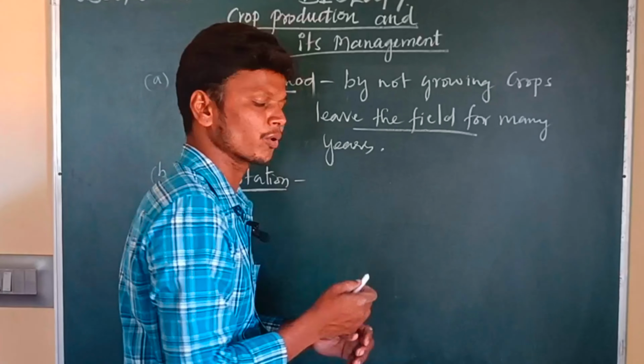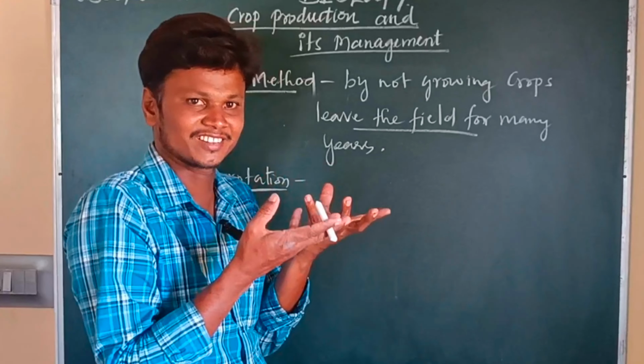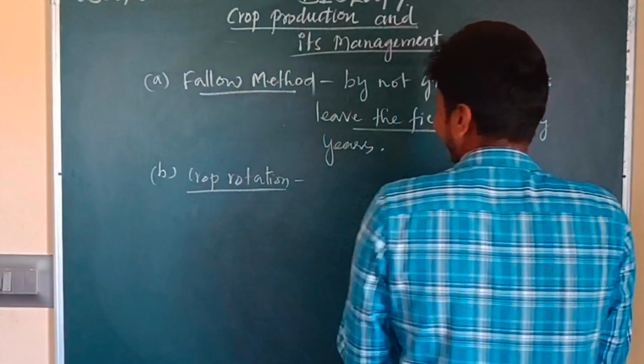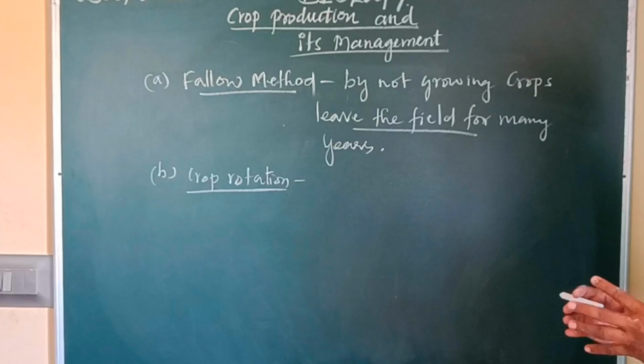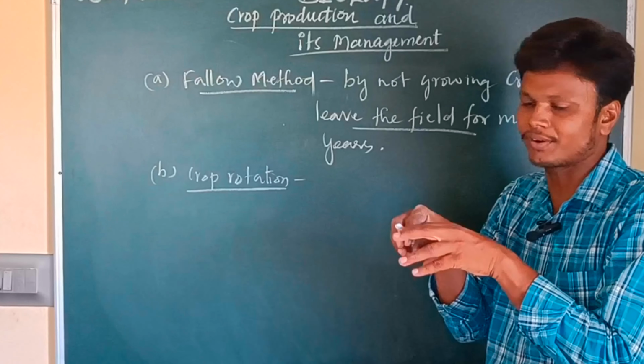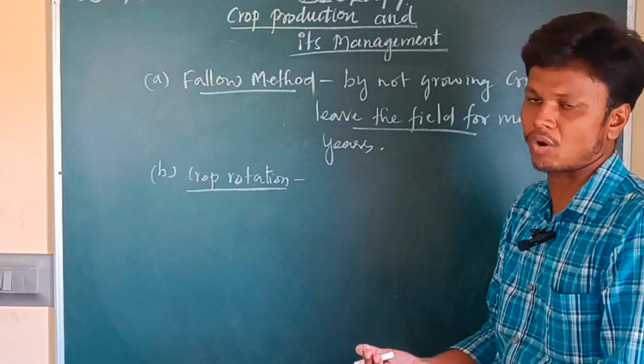So what do you mean by crop rotation, children? Crop rotation is nothing but rotating the crops. Huh? No, not like that. Crop rotation in the sense, if you are growing one kind of crop plant this season, next season you are going to change that crop.